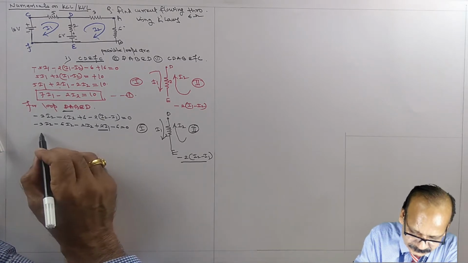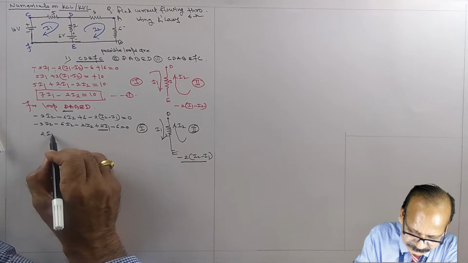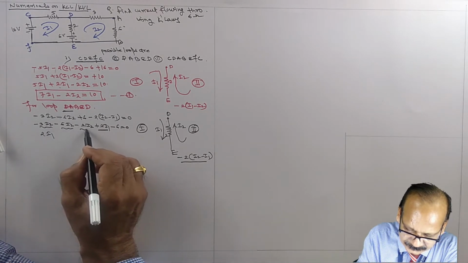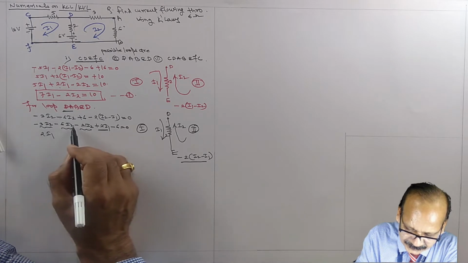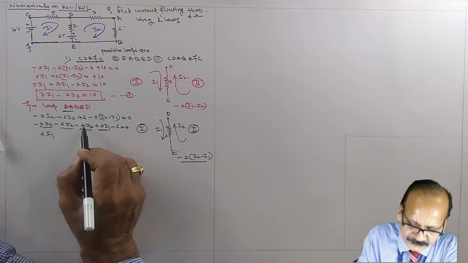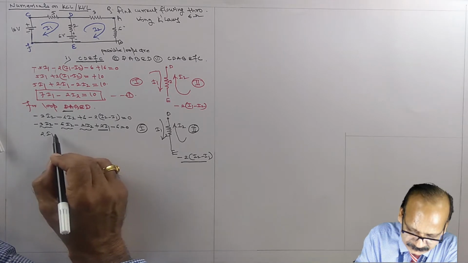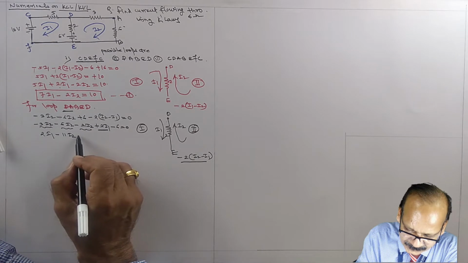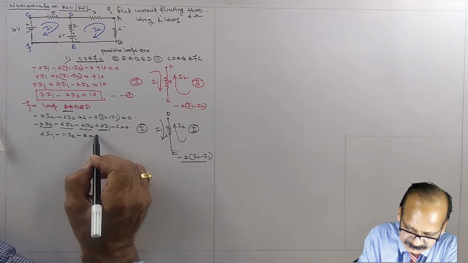Then I2 together, I2 and I2 together. How many? 6 plus 3 plus 6, 9 plus 2, 11. So minus 11 I2 minus 6 equal to 0.